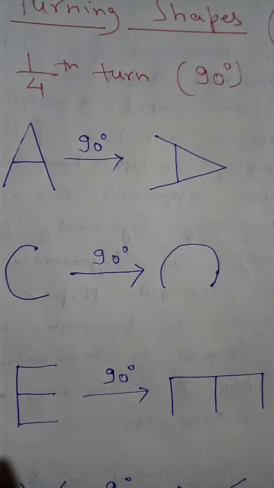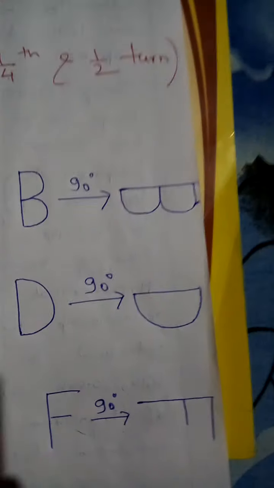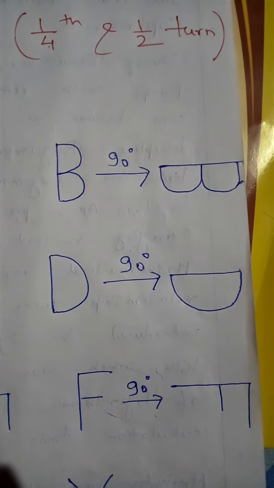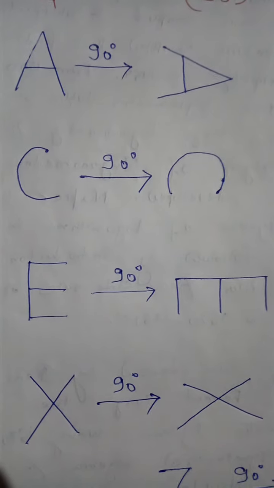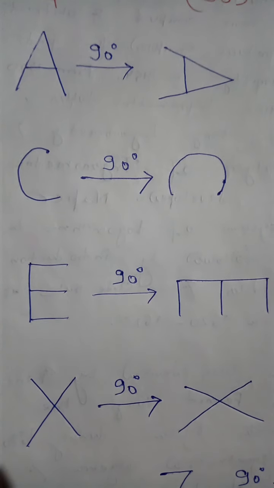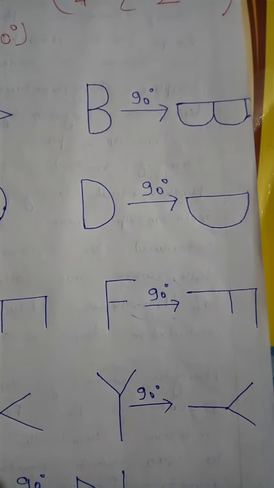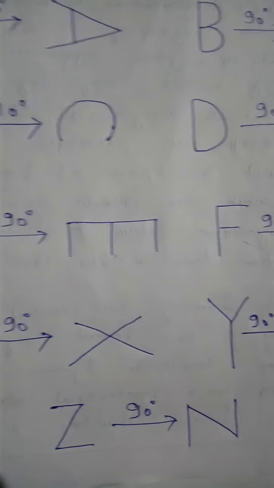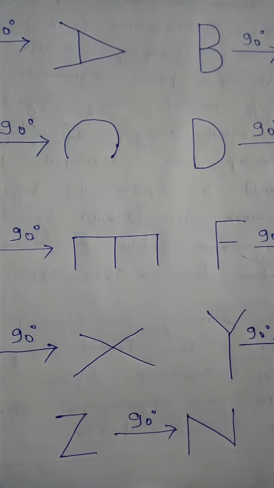Then E, this one is F. Then after F, I have done X. X looks like sticks after a 90-degree turn. Y looks like this after 90-degree turn. And of course the last one, Z. Z looks like N after 90-degree turn.